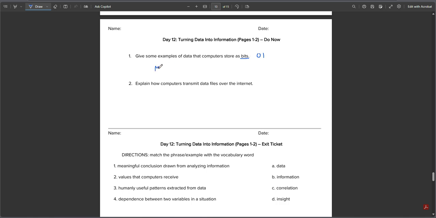One example is messages. I'm writing with my mouse, so bear with me. You have messages or you have images. Honestly, anything that's in a computer is stored as bits.